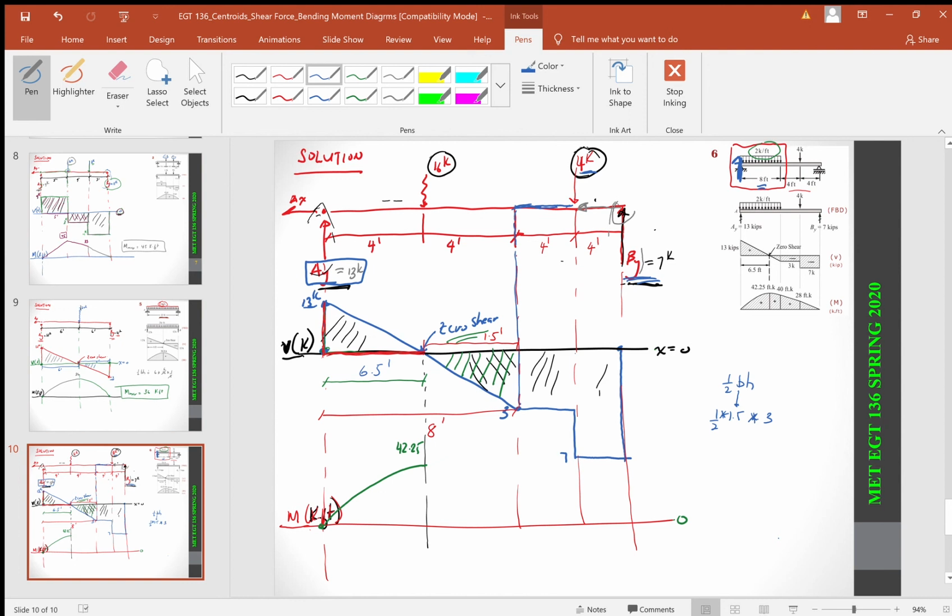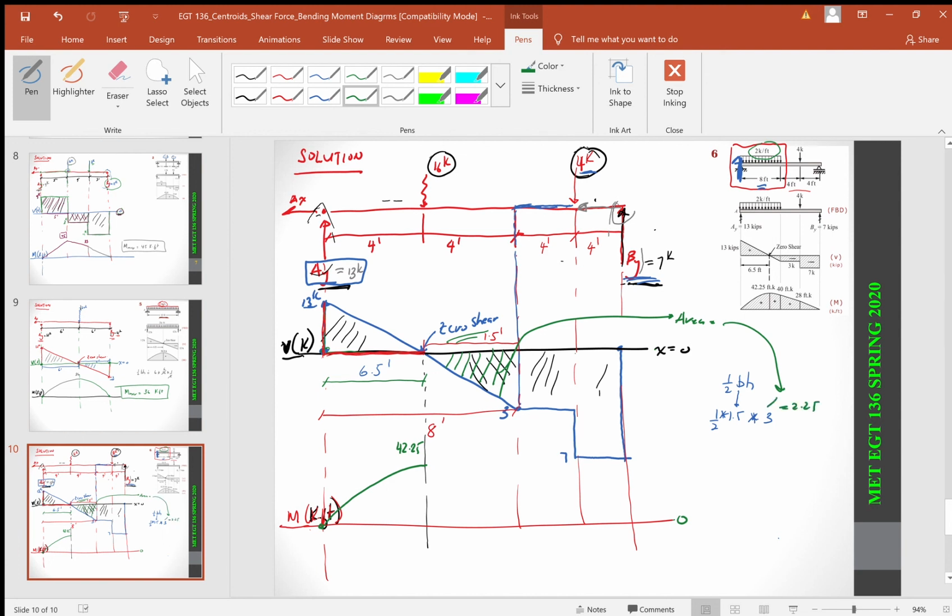So 0.5 times 1.5 times 3 gives us 2.25. Therefore this area right here equals 2.25.